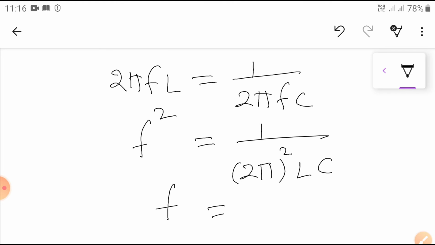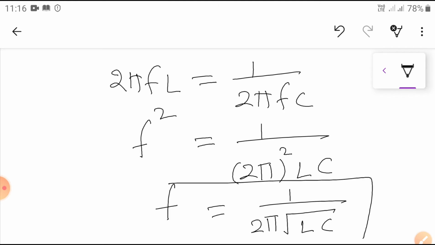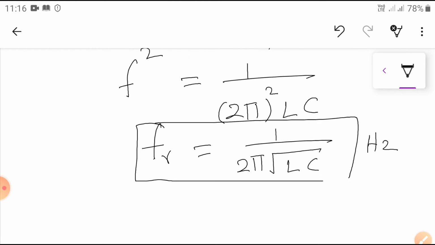F is the square root of this value, so we get F equal to 1 by 2 pi root LC. This is the resonance frequency, FR. If you know L and C, you can easily find the frequency at which resonance occurs. If you know FR, you can set up your circuit.